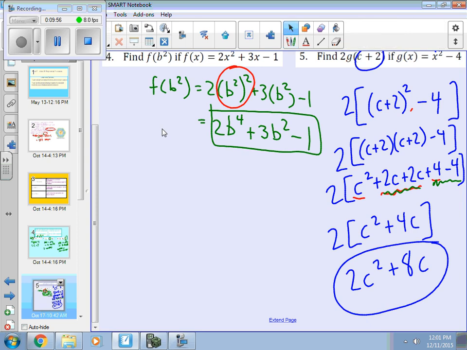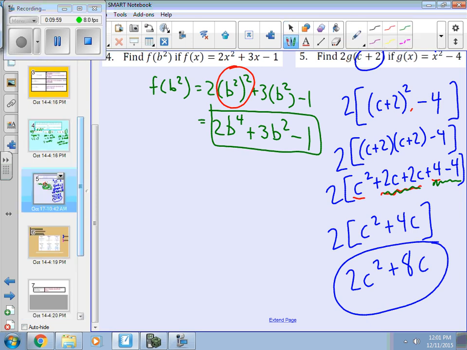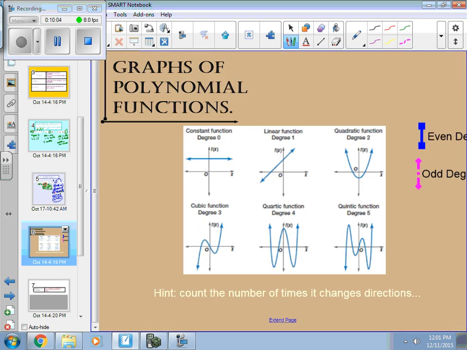All right, some other stuff we're going to look at then besides function notation is some things you should notice when graphing polynomial functions. So in this little picture here, we have some different degree polynomials. We've looked at the first three already in prior units. Anything that's degree 0, meaning you don't have any powers of x, that's just going to be some kind of function like y equals 6 or y equals -2.